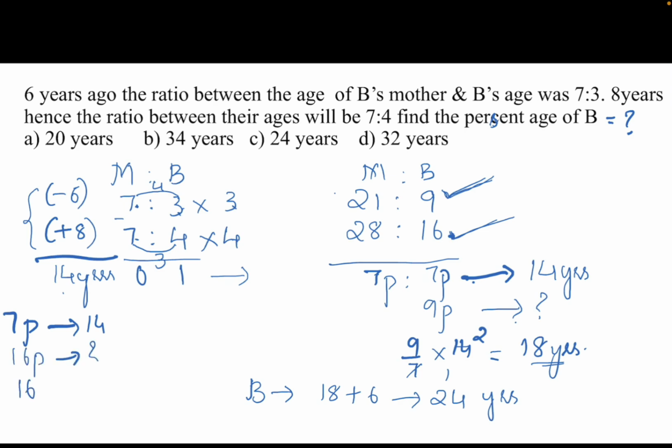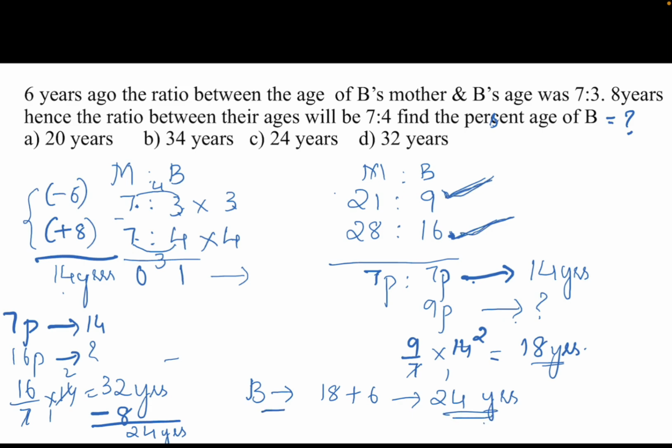Then 16 by 7 into 14, 1s are 2, 16 2s are 32. 32 years is his age 8 years hence, because this is the ratio of 8 years hence. Okay, so if I deduct 8 years here, 32 minus 8, how much will I get? 24 years, isn't it? So either if I take this ratio or this ratio, I am getting 24 years itself.